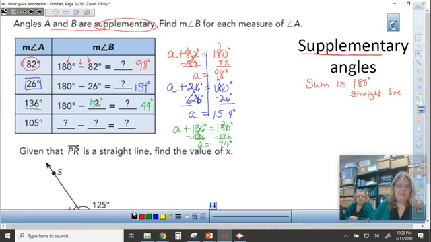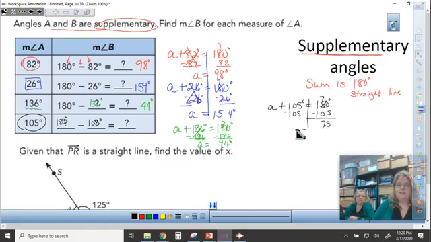And then finally, 105 degrees. So 180 minus 105 degrees would give me the supplement. Or I could take some angle plus 105 degrees equals 180 degrees. I'm going to subtract 105 from both sides, and I would end up with a 75-degree angle.